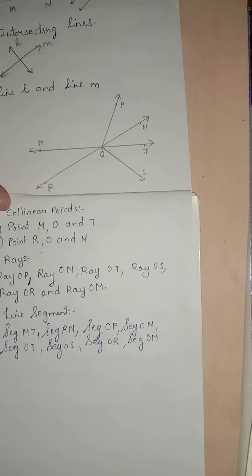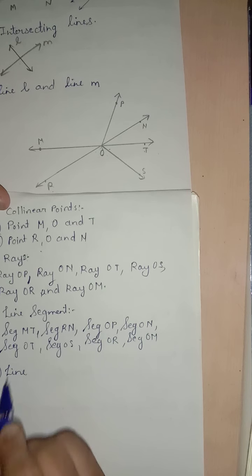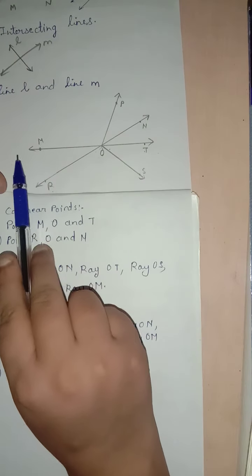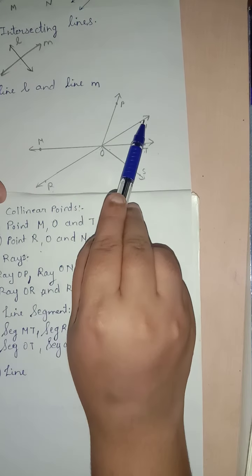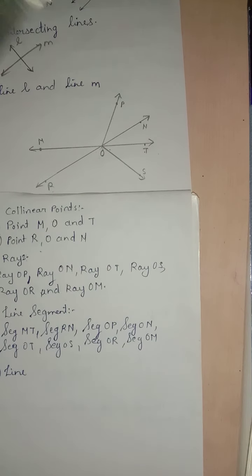And the next thing we want to find or name is the line. So what is a line? Do they have endpoints or do they not have endpoints? Yes, they do not have endpoints, meaning arrows. If you see here, one arrow, the other arrow is here. So this is your line.